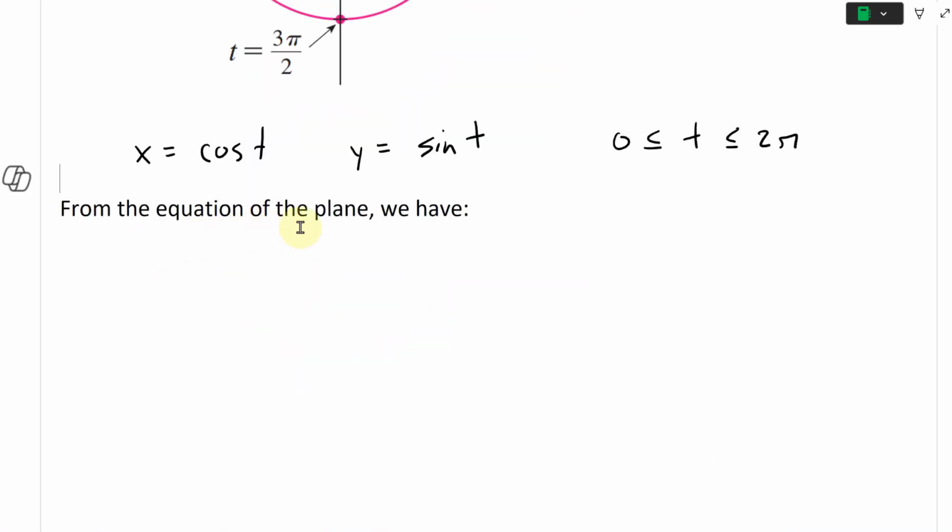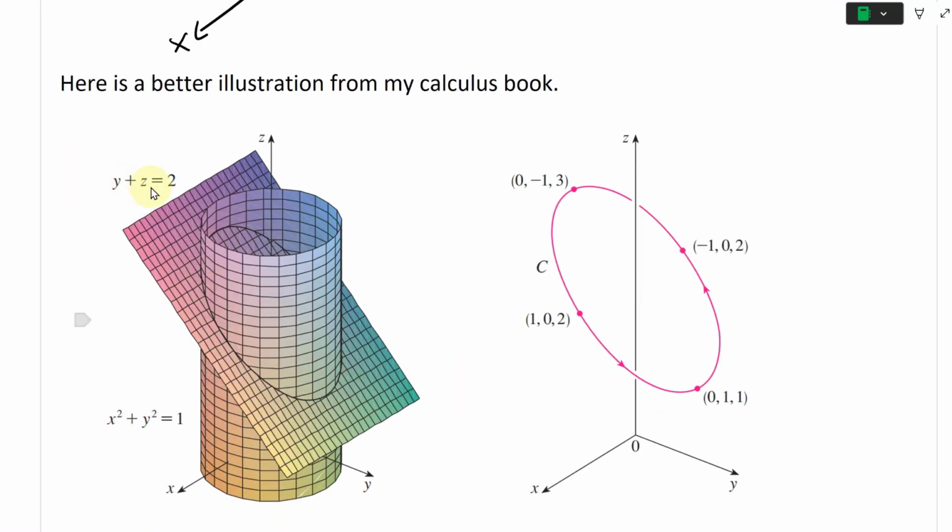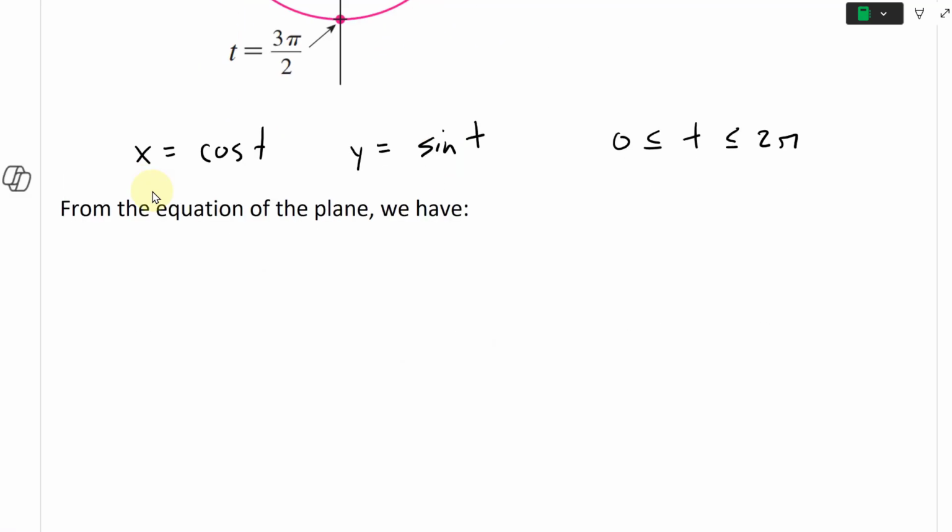All right. So the equation of the plane right here is just y plus z equals 2.